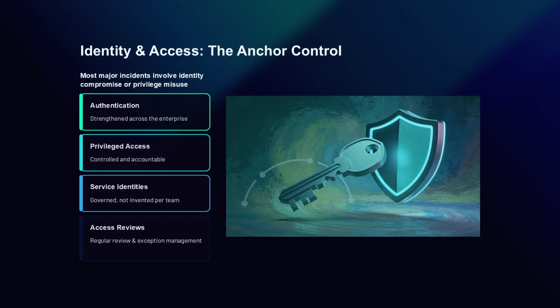You also clarify how access is reviewed and how exceptions are managed. This is not implementation detail, it is enterprise control design. When identity and access direction is clear and enforced, you reduce risk dramatically. And you simplify delivery because teams do not invent access patterns independently.